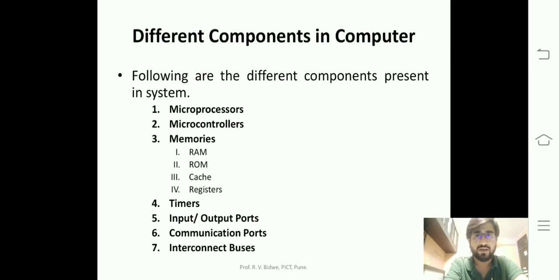Or if I want to execute a program to display the factorial of a number, you have written the program, and that program will be stored in the secondary memory. Whenever you want to see the output, that program will be transferred to RAM. In RAM that program will be executed and you can see the output displayed on the screen. So mainly RAM is used for execution of programs, and ROM is there for storing the data.